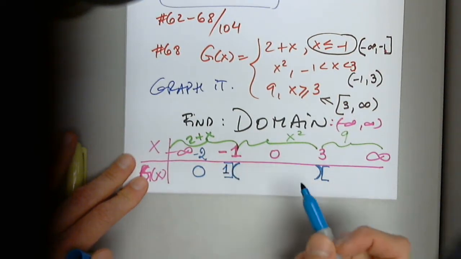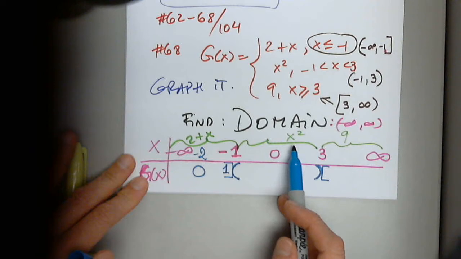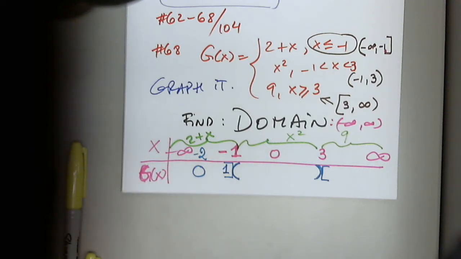Perfect. Now please plug in negative 1 in x squared. And you should say, time out, time out, time out. You can't do that. You cannot plug in negative 1 in this function because negative 1 is not here. Negative 1 is only here, not here.